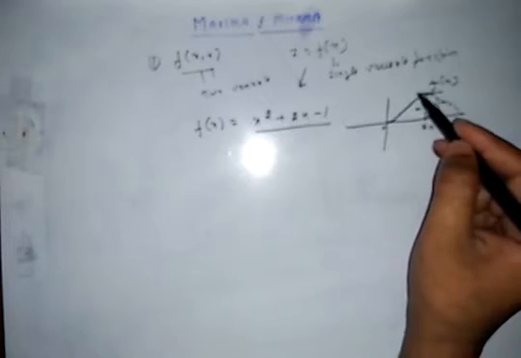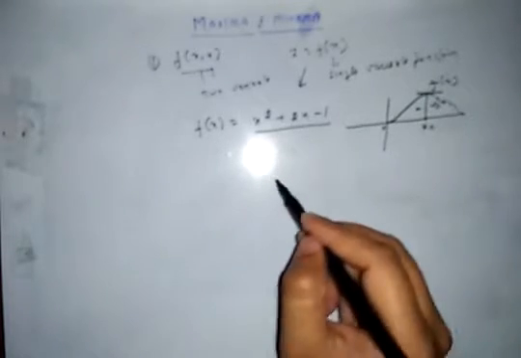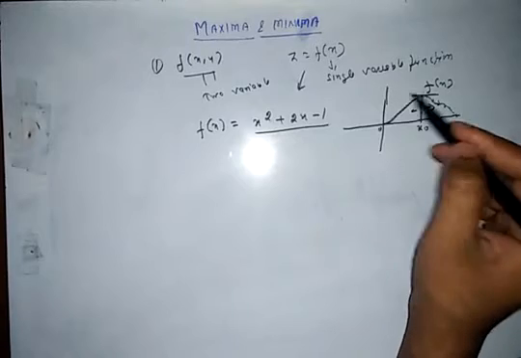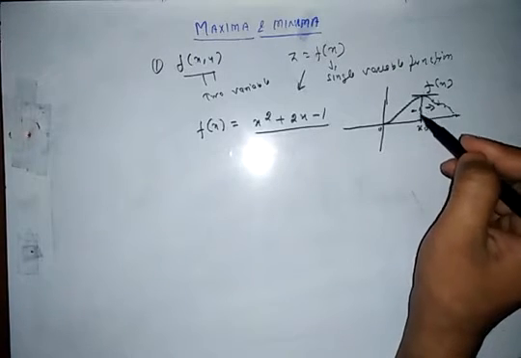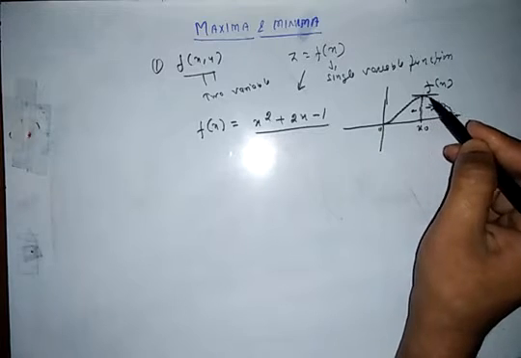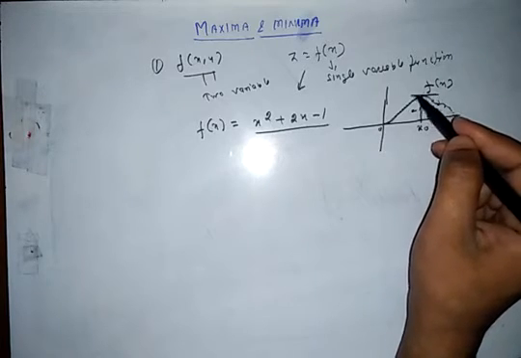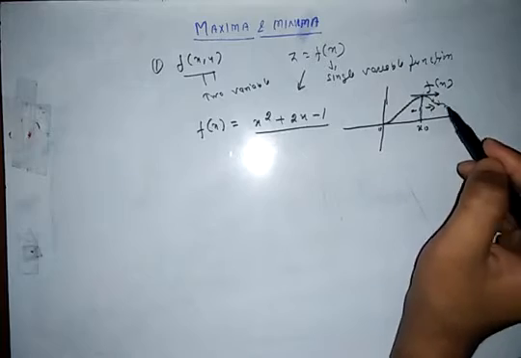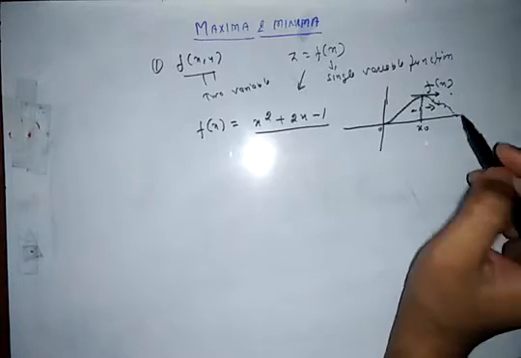So this is the maximum value. How can we find this maximum value? See here, at the maximum value, when you find the slope of this curve, you will see the slope becomes 0, or parallel to the x-axis.